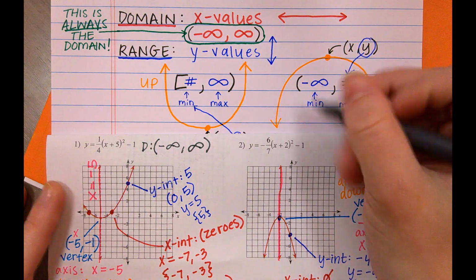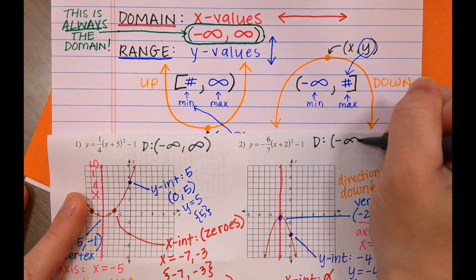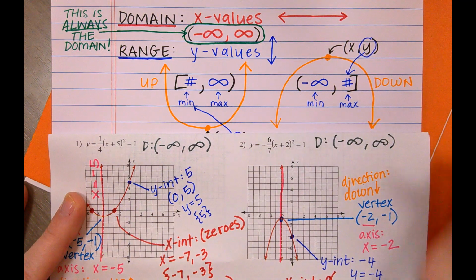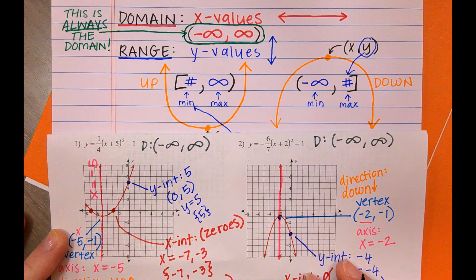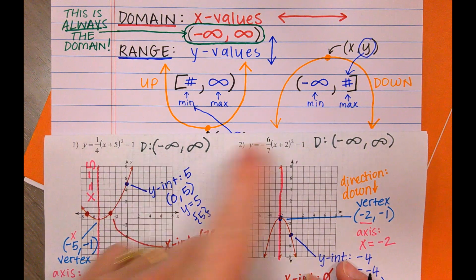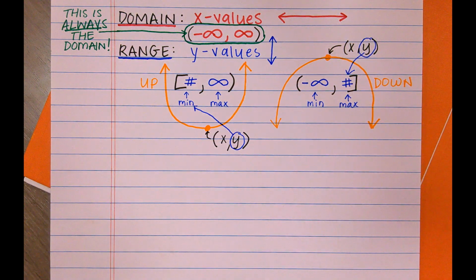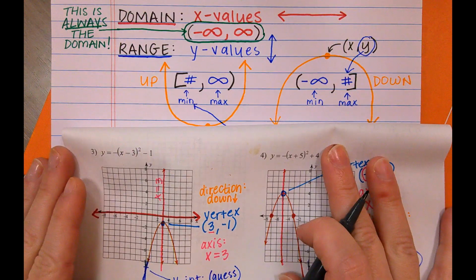Yeah, so for number 2, what's our domain? Negative infinity, comma, positive infinity. Again. There you go, in parentheses. Yep, for your domain anyway, not your range, but your domain is always this, every single time. What about number 3? What is my domain?